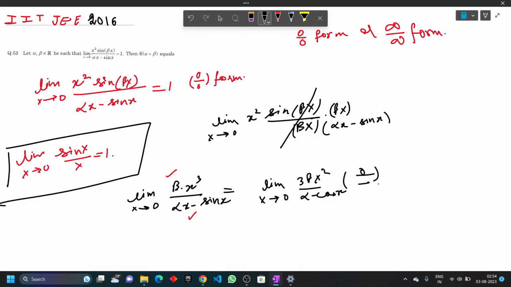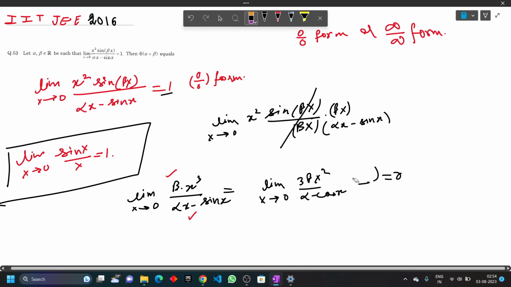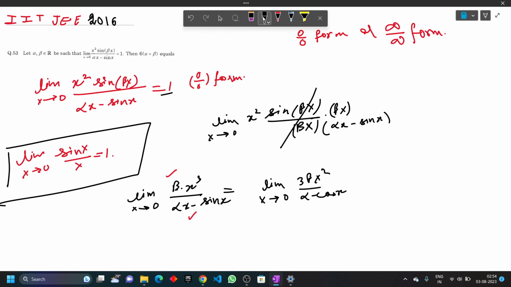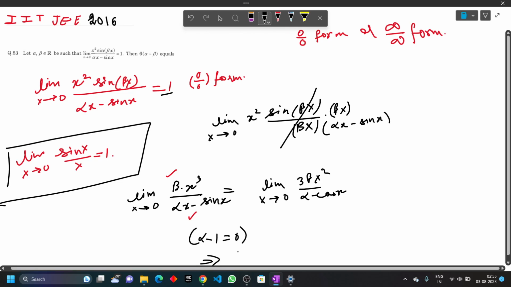This is not an indeterminate form. This is equal to 0. But in our case, the limit is 1. So this means that the denominator has to be 0, right? This means that alpha minus cos 0, which is 1, alpha minus 1, should be equal to 0. This implies that alpha equal to 1. Okay, so I got alpha equal to 1.